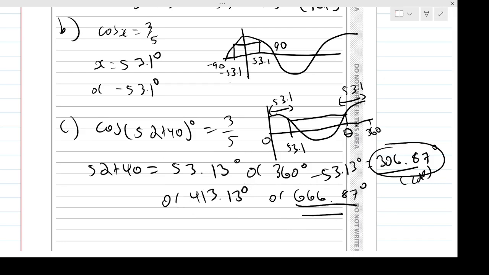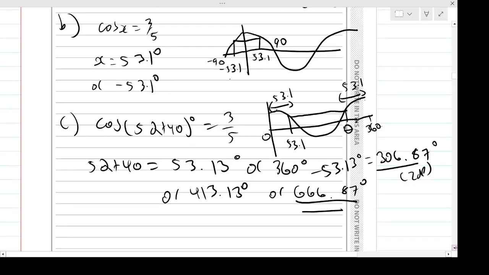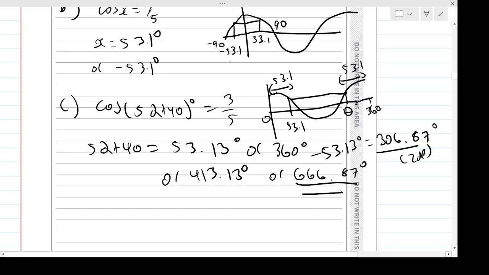So we know that 5 alpha + 40 equals these solutions. If I subtract 40 from all these solutions, 53.13 take away 40 is 13.13.